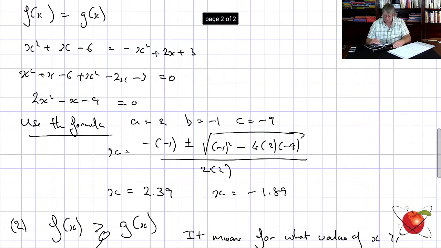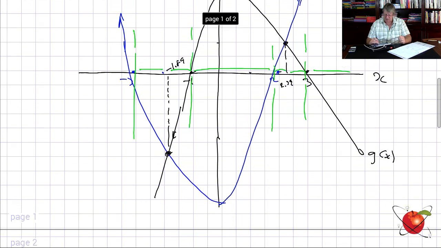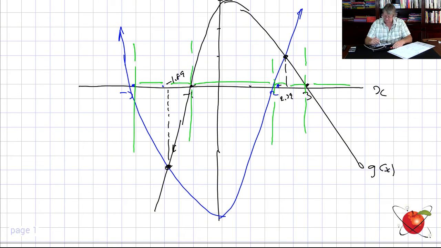We want to know where f of x is greater than g of x. It means essentially where is f of x, which is my blue function. This is f of x here. Where is f of x above? Greater than means where's it above? So where is it going to be above g of x? It's going to be above g of x over here, isn't it? From here and from there.